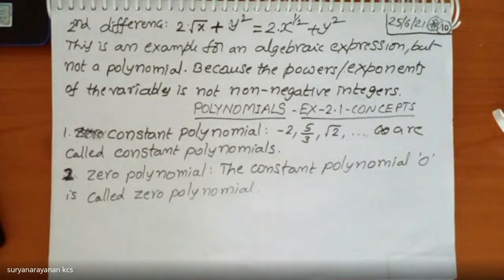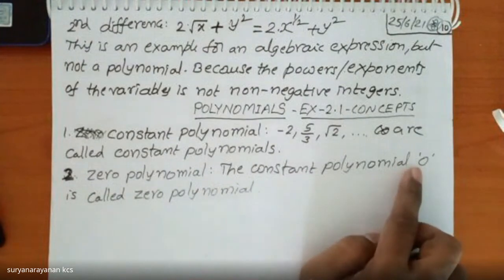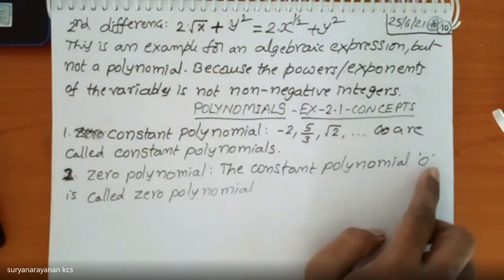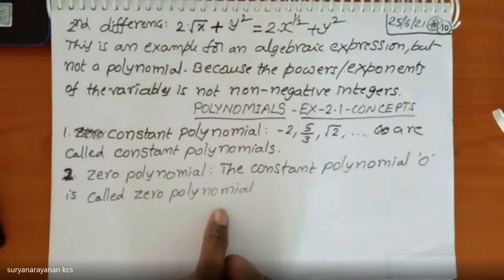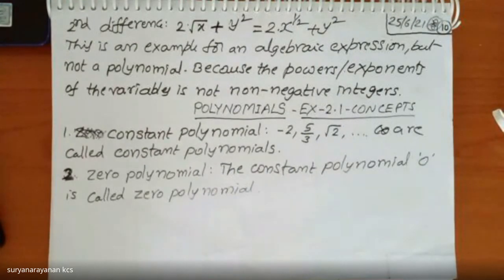Okay, my dear children, here 0 is also a constant and there is no variable, but especially this is called zero polynomial. Understood this point, my dear children?